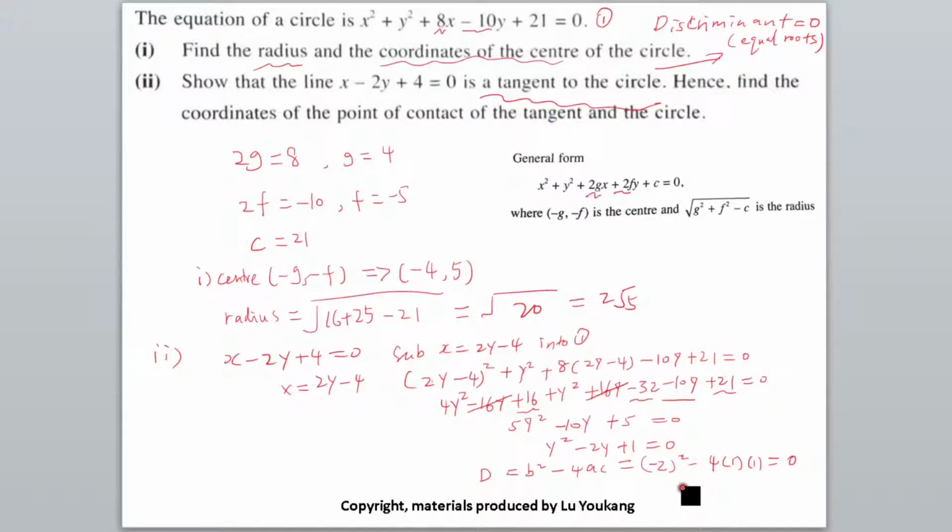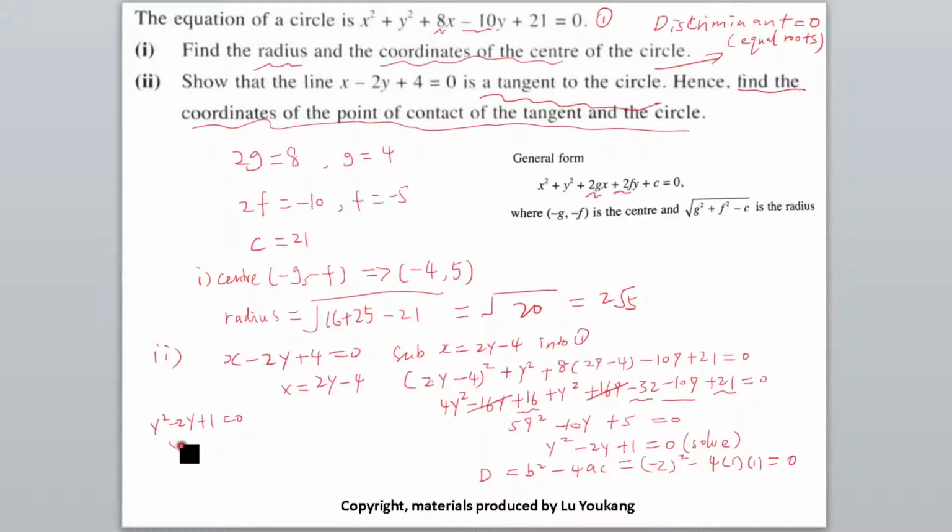Your discriminant should be equal to 0 because tangent to the circle means there is one solution only. Yes, it's valid, our discriminant is equal to 0. Therefore, we can show the line x minus 2y plus 4 equals 0 is a tangent to the circle. You just have to show that the discriminant equals 0, and we have shown that.